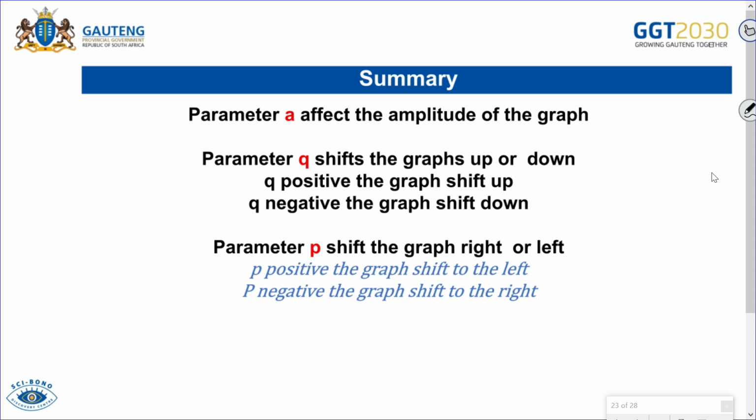I have explained that. So if p is positive, the graph will shift to the left. And if p is negative, then the graph will shift to the right. Please make sure that you take note of this, because it's the new information. Make sure you practice so that you don't forget.